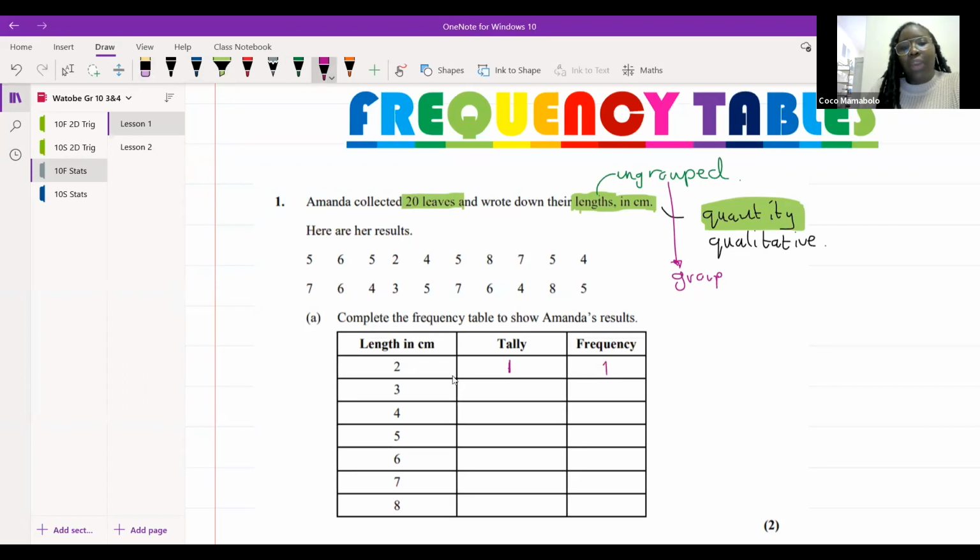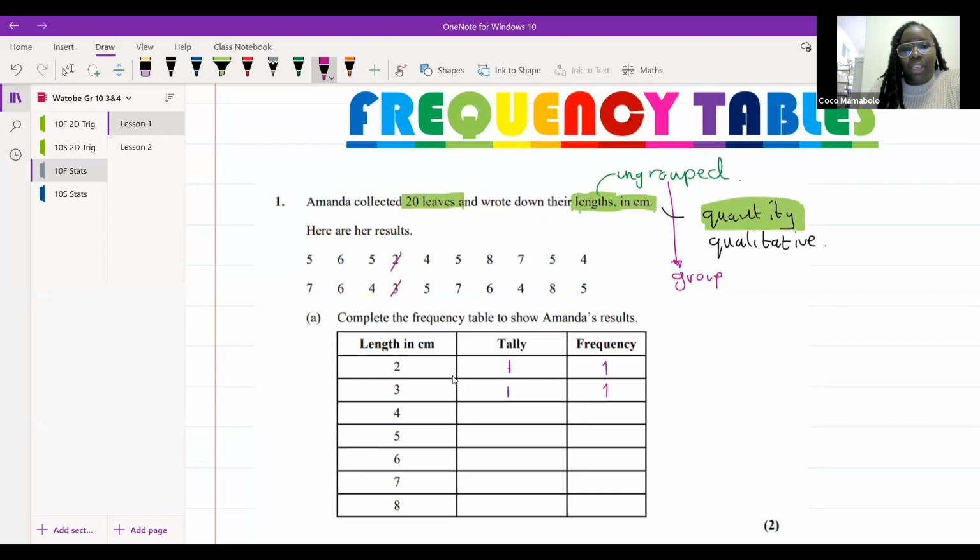Correct. Now we have to go count all the 3 centimeter ones. How many 3 centimeter leaves? Again, 1. A tally of 1. The frequency, how often do we see 3 centimeter leaves? Once. Right. Let's talk about 4.